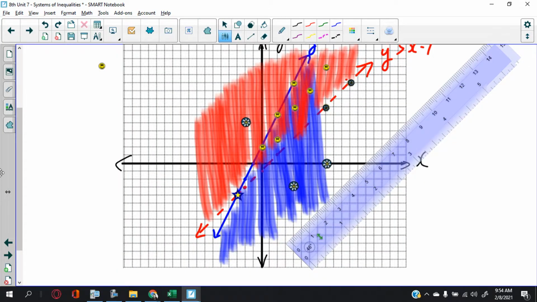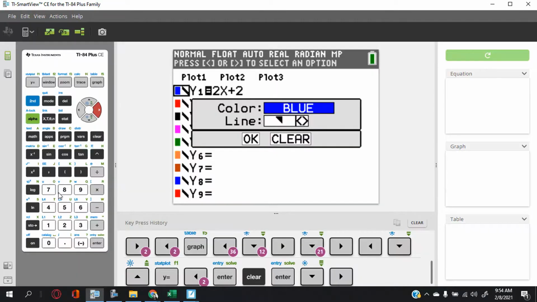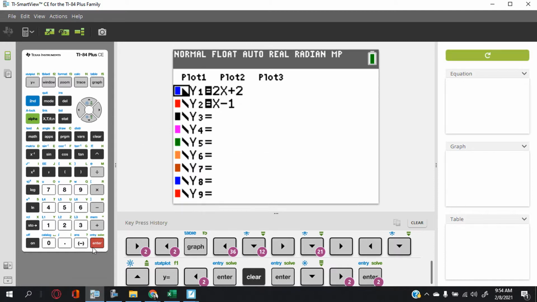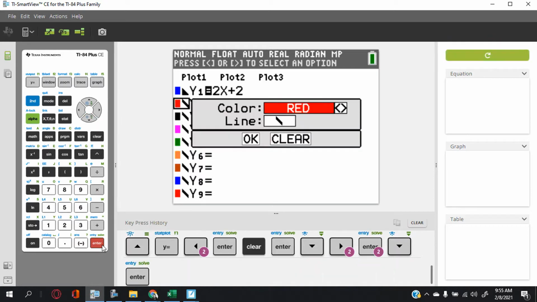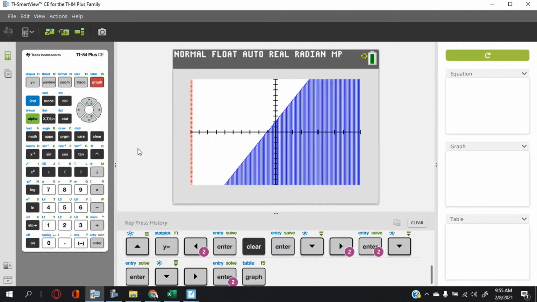The blue one is less than, so it has to shade underneath it. For this one it's greater than, so I'm going to change that by pressing enter. Then we're going to graph it and see what that looks like.